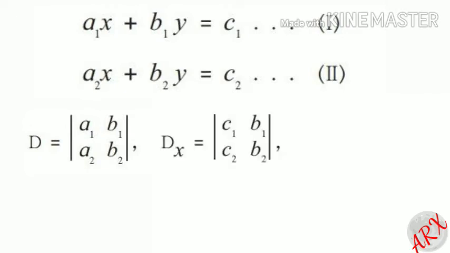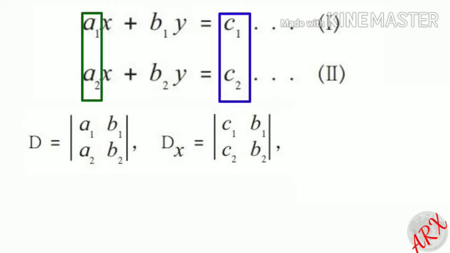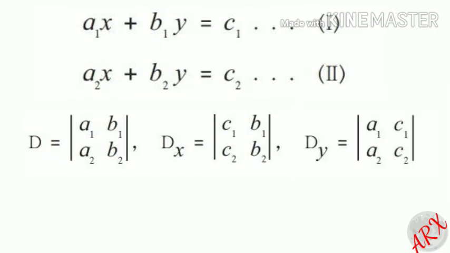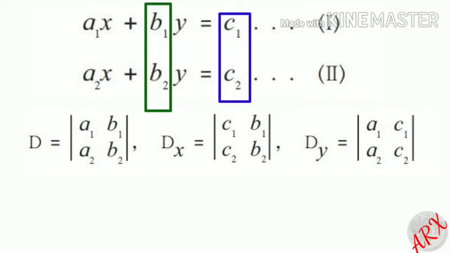Now we will take determinant Dx, that is c1, b1, c2, b2. So the coefficients of variable x are replaced by c1, c2. Now we will take determinant Dy, that is a1, c1, a2, c2. Now the coefficients of variable y are replaced by c1 and c2.